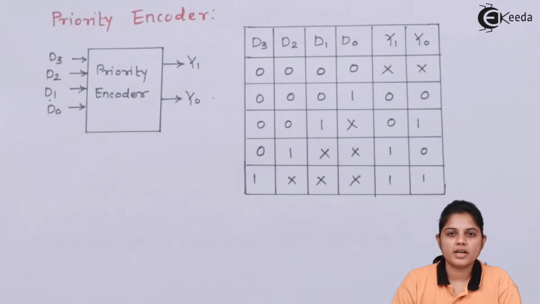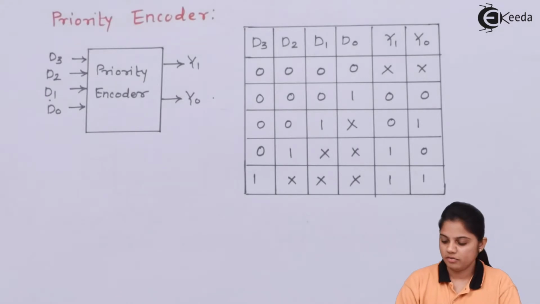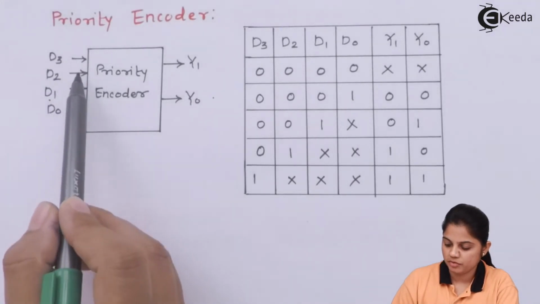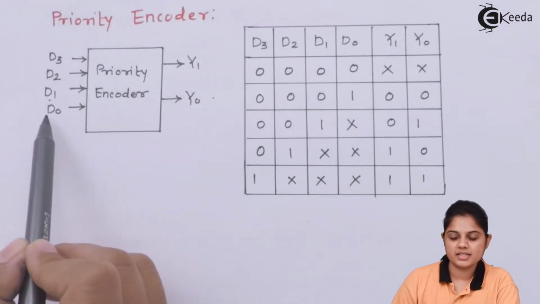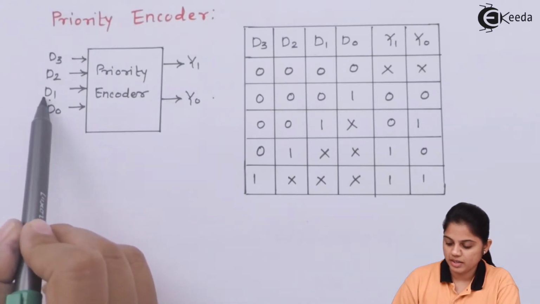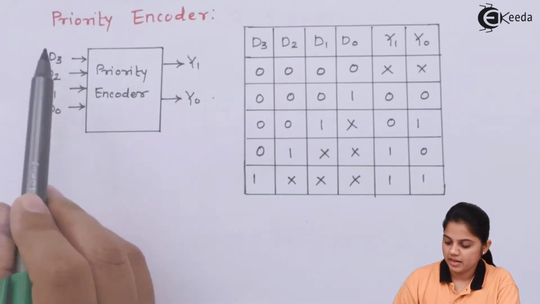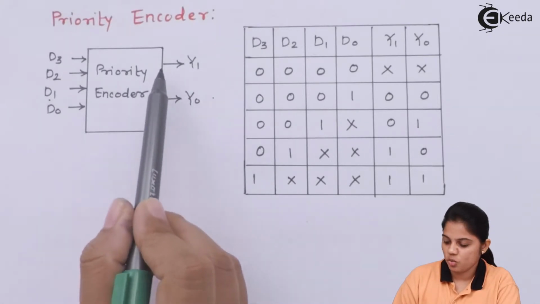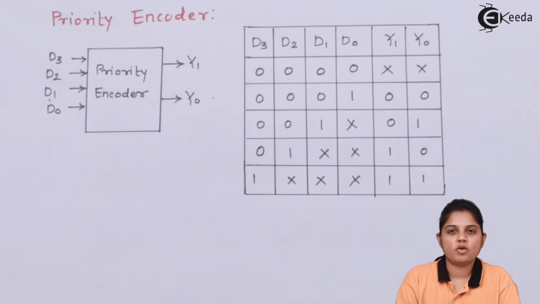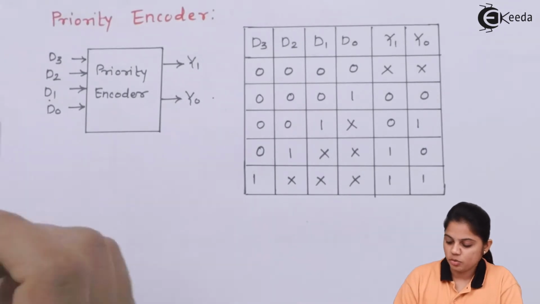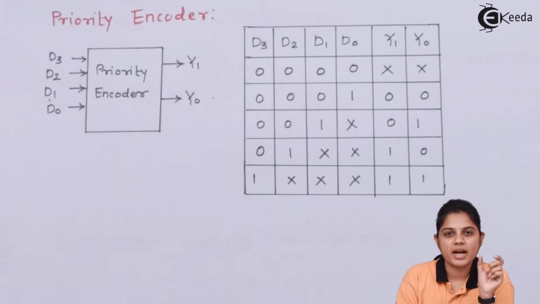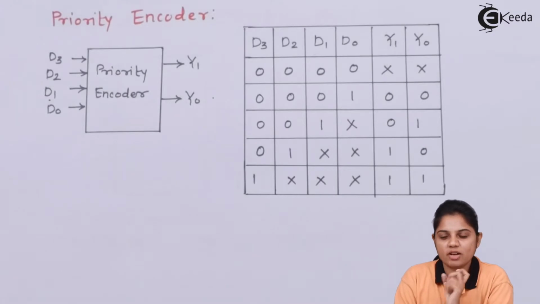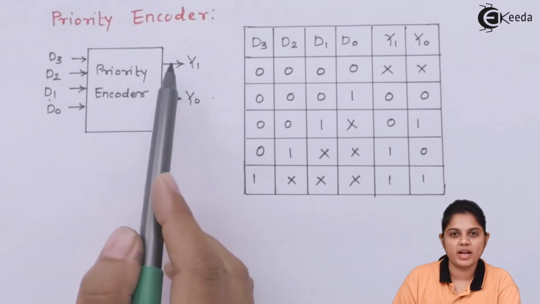So this is the block diagram of a priority encoder, where you can see you have 4 different inputs connected. That is, the data is connected D0, D1, D2 and D3, where only 2 output lines are given, that is Y0 and Y1. Now according to the priority, if D2 has the priority, then that data should be produced across the output lines Y0 and Y1.